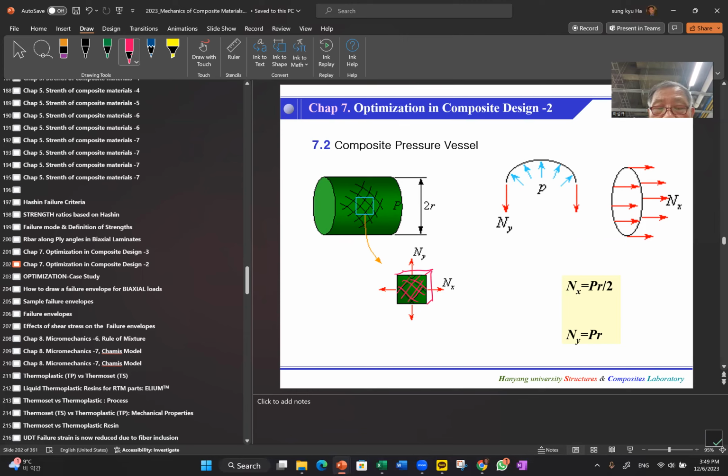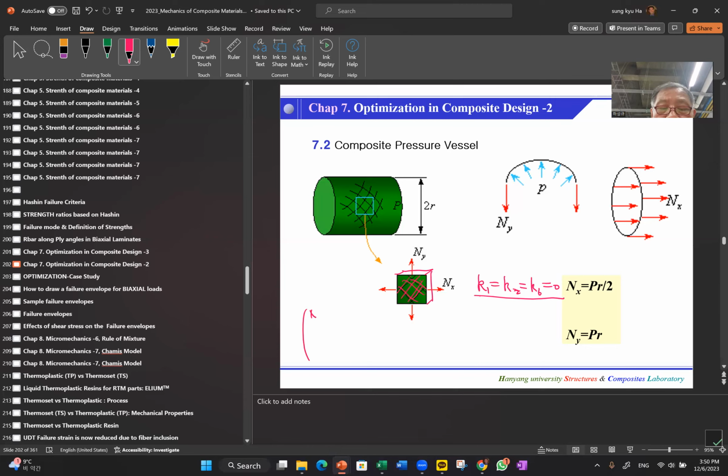Well, in the pressure vessel, curvature has to be 0. Curvature 1, curvature 2, and curvature 6 will be 0, which means that whatever layup sequence under internal load would not cause any curved bending. So this is the condition.